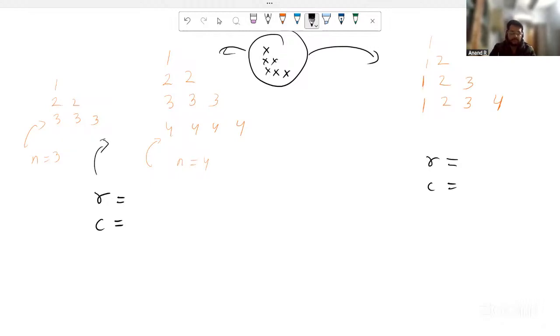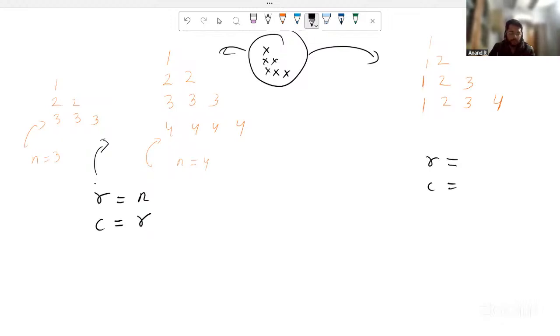R is equal to N and C is equal to what? Ankita, Rudra, if you can respond. Are you able to understand so far? Or am I the only one who is learning? So you have to respond, right? Okay. R is equal to N and C is equal to R.